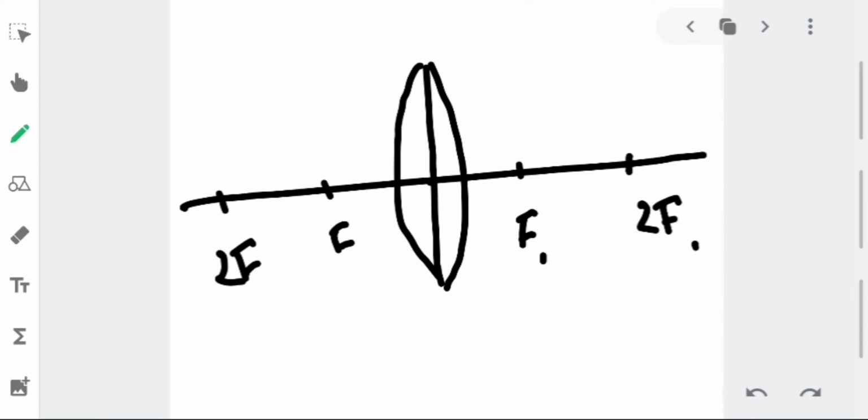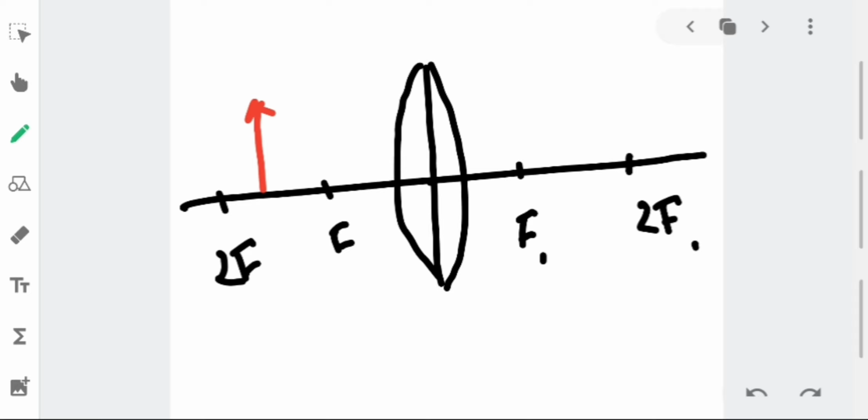Before drawing the diagram, we have to draw this lens, that is the convex lens, and the x-axis, and we have to label all these points, f1, 2f1, f2, 2f2. This we have to label first. Then we have to place the object in between 2f and f, because they have given that.